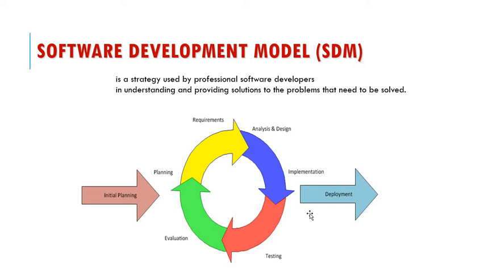Okay, so we move to the important part of chapter 1, which is the software development model, or in short SDM. SDM is actually a reference used by a programmer in understanding the problems that have been given by a client or a customer.